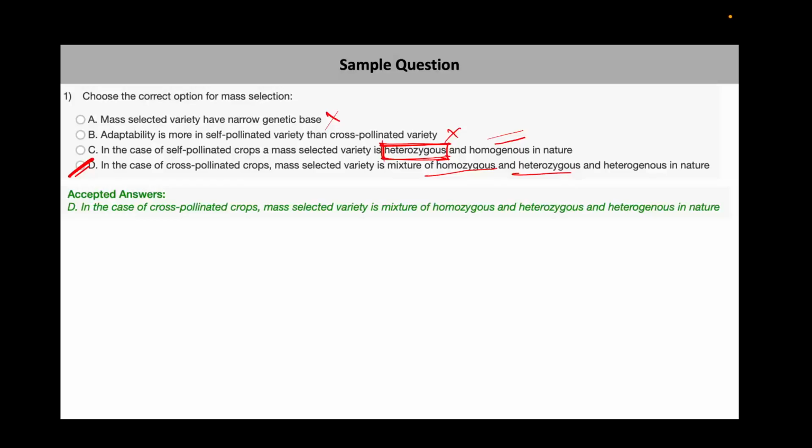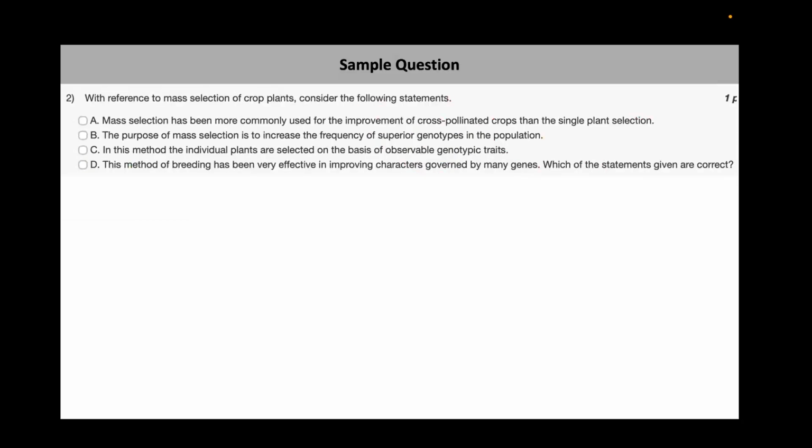And because one phenotype is backed by so many genetic bases, the genetic base for mass selected varieties will be huge. So the first option is also wrong. So only option D is correct. That is, in case of cross-pollinated crops, the selected varieties will have both homozygous and heterozygous in nature. So let's move on to our next question.